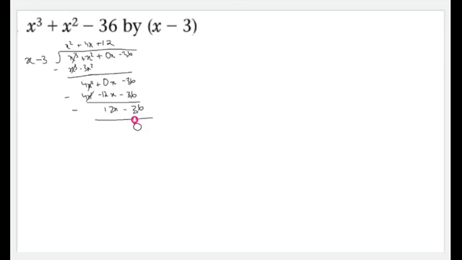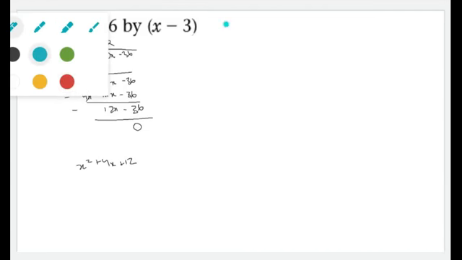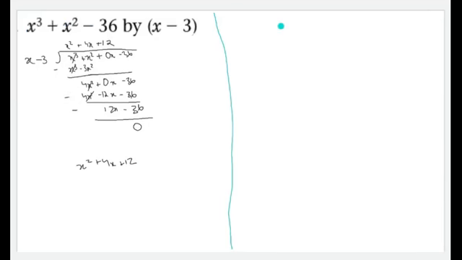Okay. Cool. And that means our final answer would be x squared plus 4x plus 12, for when you divide it. And if I were to ask you to factorize it? I mean, you can. The factorization is not something they've asked for in this question, but it is something they could ask you for.